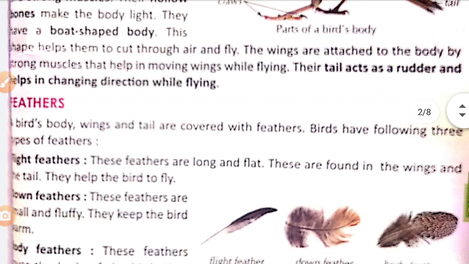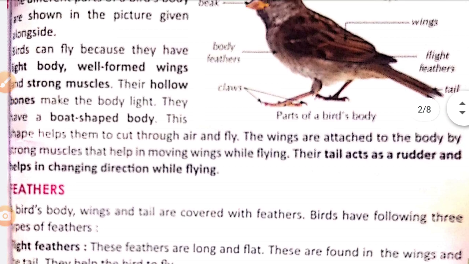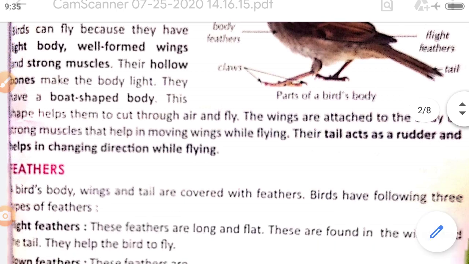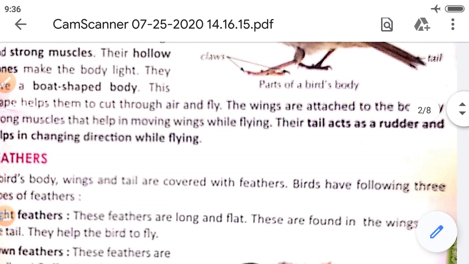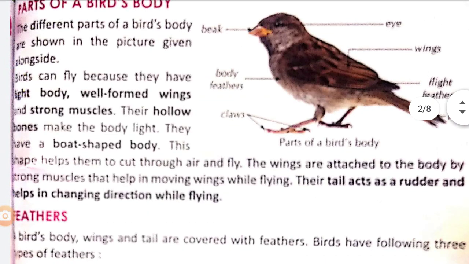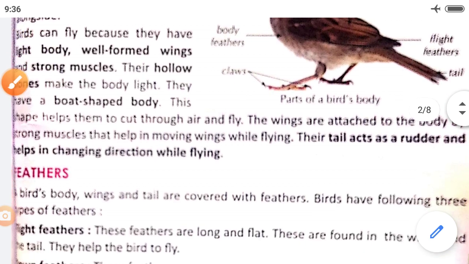Their tails act as a rudder and help in changing direction while flying. हमें अगर गाड़ी को चलाना है तो हमें स्टेयरिंग, गियर्स, ये सब हमें हेल्प करता है. वैसे उसका जो टेल है बर्ड का, वो क्या करता है उसे, it helps the bird to fly, to give the direction in the sky.